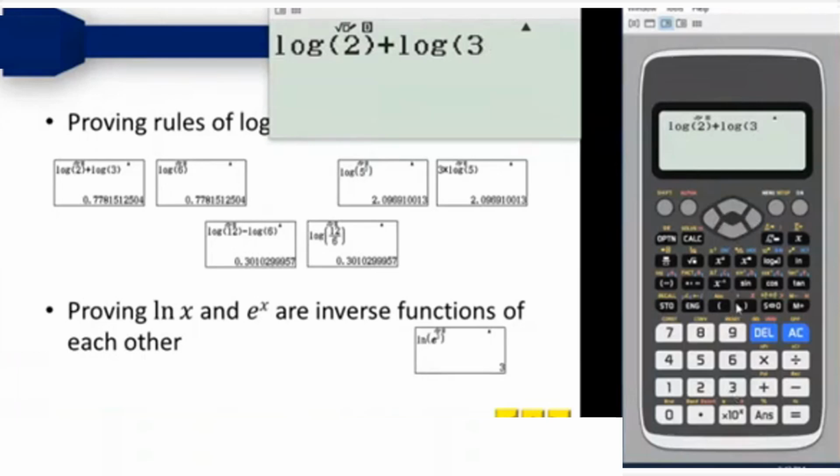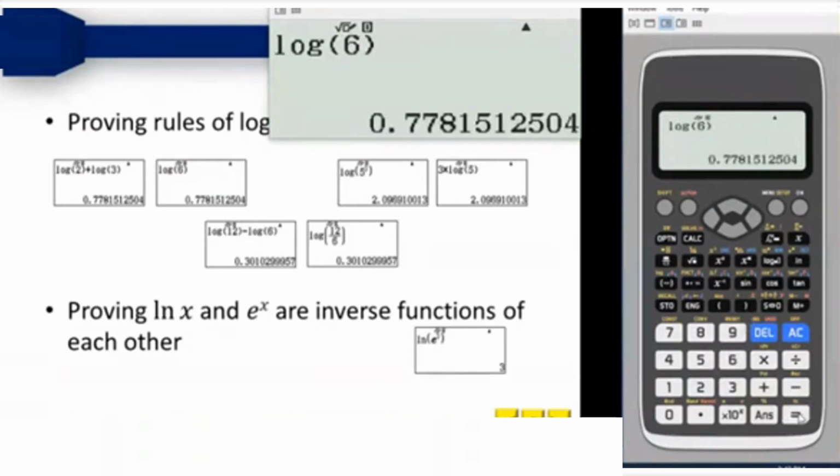So log 2 plus log 3 is equal to 0.77815, and I am aware that if there is a plus sign in between, it means the numbers are multiplied, that is 2 and 3 will be multiplied, and it will give the same result. So I will write log 6 and please check, I will get the same answer.